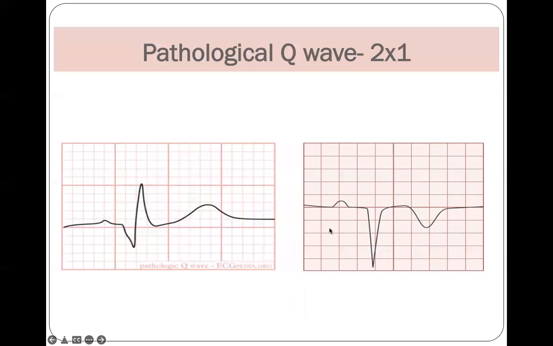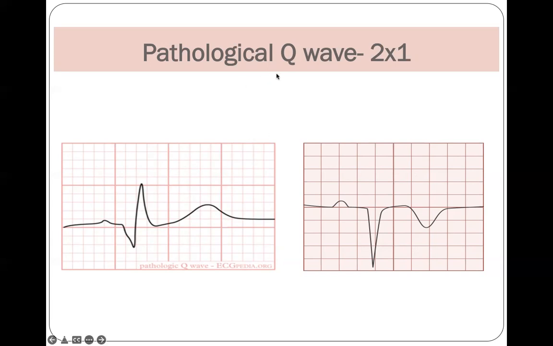The second pathology is the pathological Q waves. And as I have mentioned, when we say pathological Q waves, this means that there is a physiological Q. Yes, in some leads, like inferior leads, lead 3 and AVF, like V5 and 6, there is a small initial Q wave, what we call physiological Q waves.